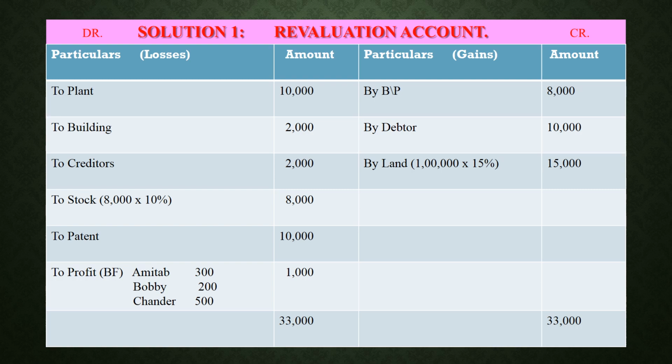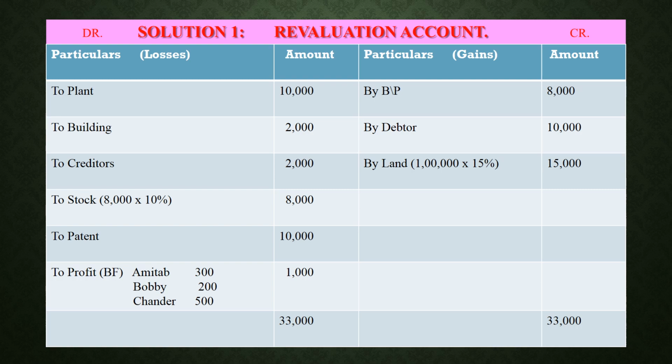While preparing revaluation account, we always need to bear two things in mind. Number one, decide whether the adjustment will appear on debit or credit side of revaluation account, and second is the amount to be shown in revaluation account. So understand this illustration number one, how to prepare revaluation account.